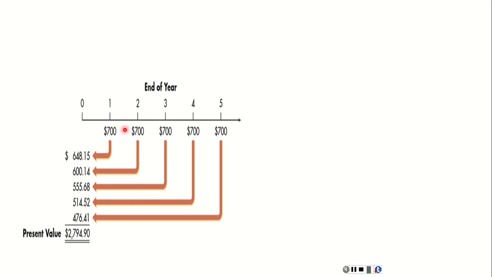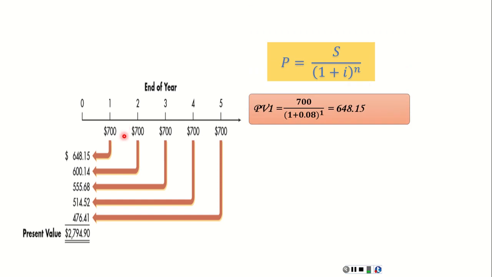So each bank will apply the simple equation of present value, which is S divided by (1 plus i) to the power n. The first $700 to be received from Mr. Ahmed will be discounted by dividing 700 by (1 plus 0.08) to the power 1, which is 648.